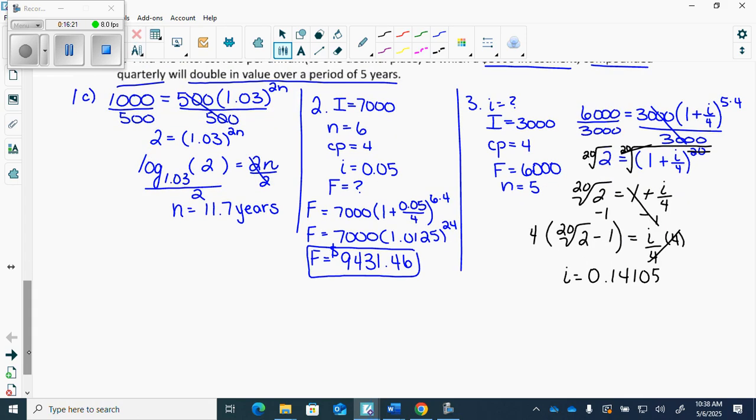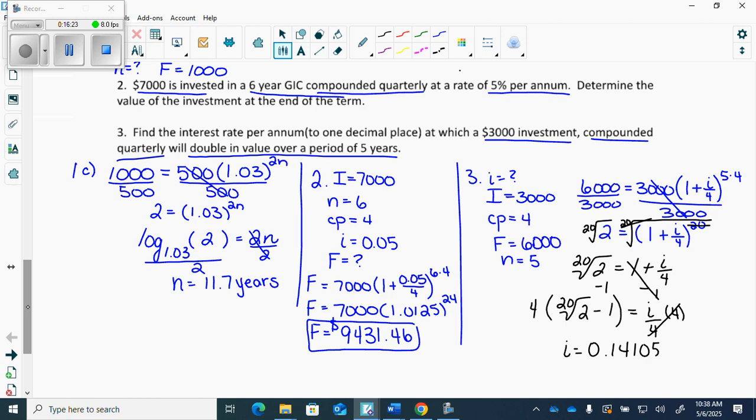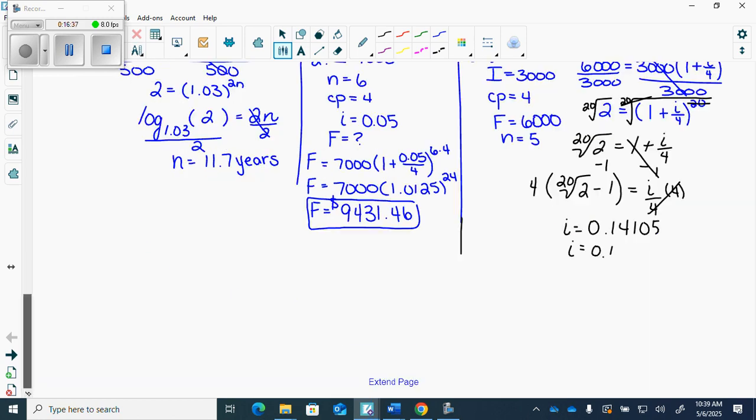This one just says the interest rate per annum, and it says to one decimal place. So this would be 0.1. Now, if it said interest rate per annum to the nearest tenth of a percent, what am I going to have to do first before I round?